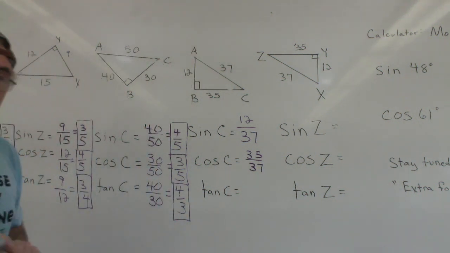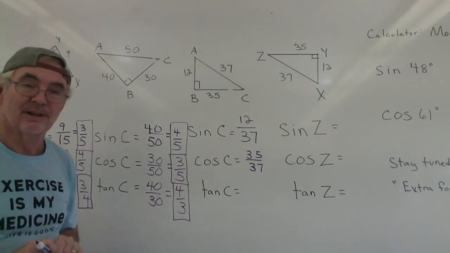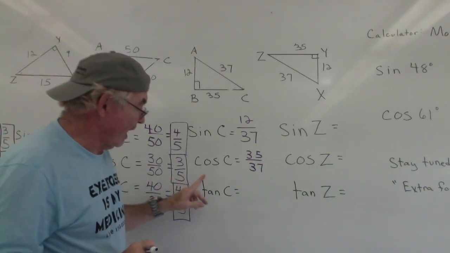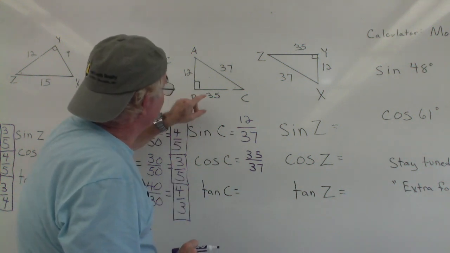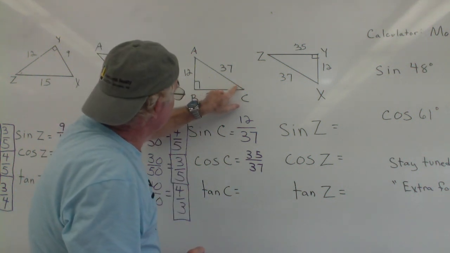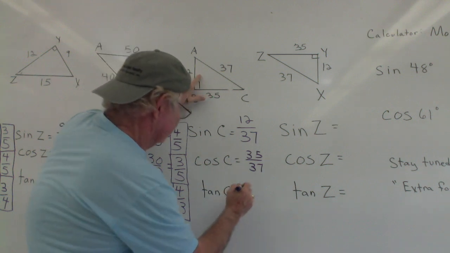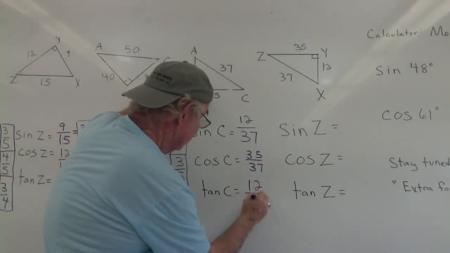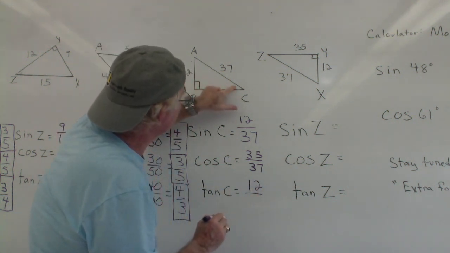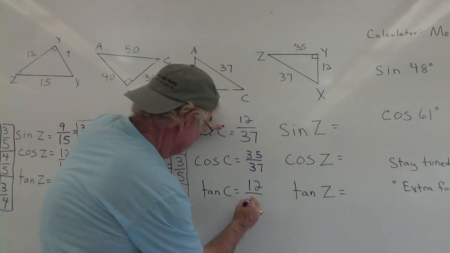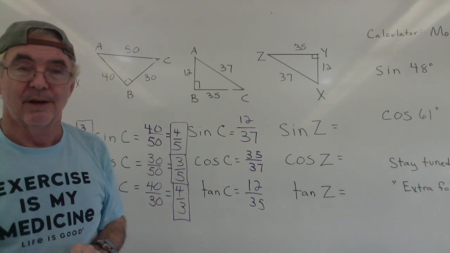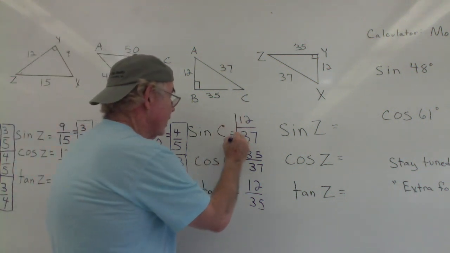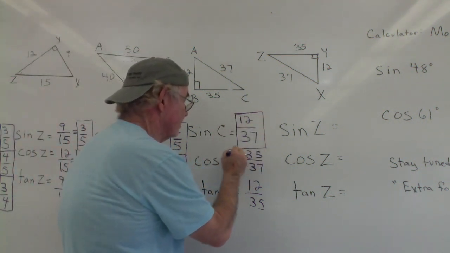Once again, it will not reduce. And the last one, tangent. The tangent is the opposite divided by the adjacent, and that will not reduce. So there's our 3 trigonometric ratios.